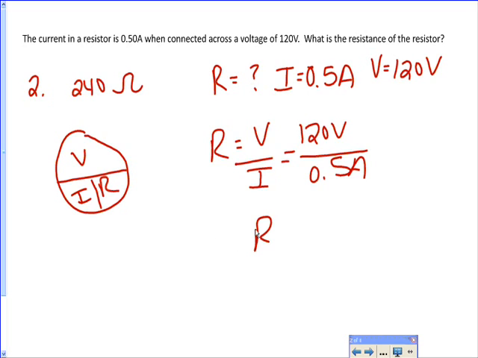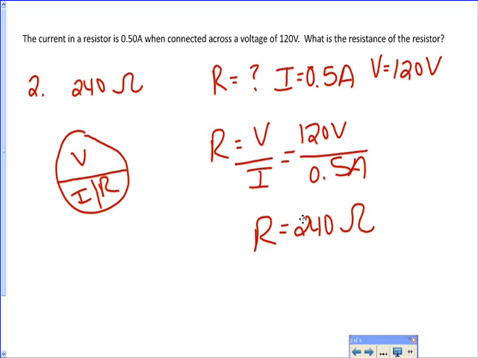And once you put this in your calculator, you're going to find out that the answer should have been 240 ohms. Now, remember, if you got it wrong but you did the equation right, remember that you always put in the top number on the formula first in your calculator. So you should have put 120 divided by 0.5.